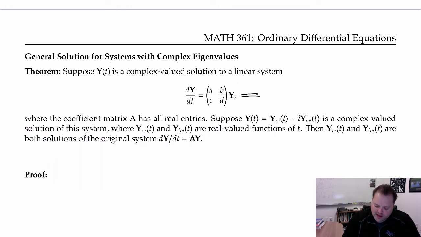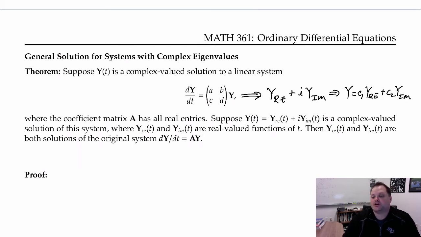We're going to take this guy and generate a real solution plus an imaginary solution. We're going to generate a complex solution, and then our solution is going to be a linear combination of the real and imaginary parts, and both of these are real.